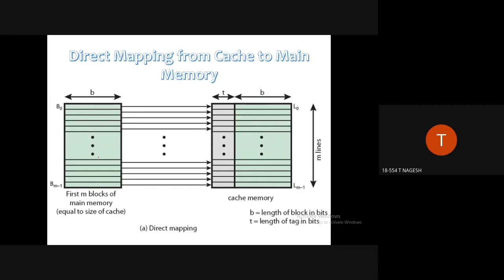This is how it looks. This is the main memory block here. These are the blocks in main memory and these are the lines in the cache memory. So what happens here, each and every block will have its own specified location on the cache memory. So it has to reside onto the cache line, only a specified line.